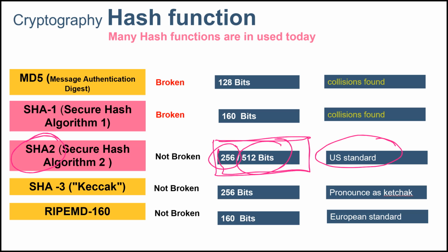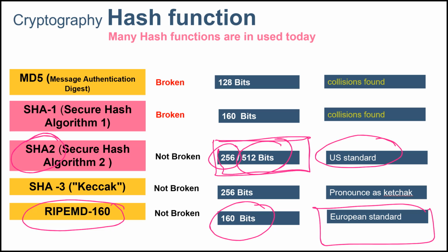It's a US standard, whereas RIPEMD, which has a 160-bit output, is a European standard. And there's another one, SHA-3, which is a modified version of the protocol called Keccak, which also provides 256-bit output. SHA-3 and Keccak are pretty much the same, with a little bit of difference, but just consider SHA-3 as Keccak.